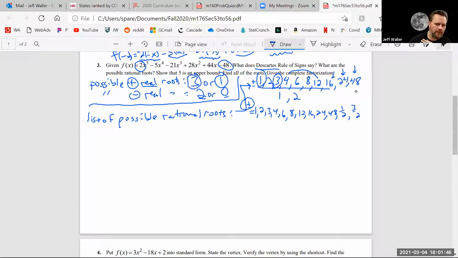So now take a minute. Let's see if you remember. Don't say anything. Try to show me that 5 is an upper bound, meaning there are no zeros above 5.